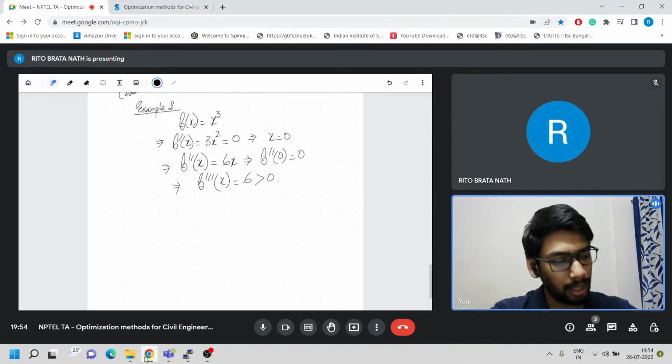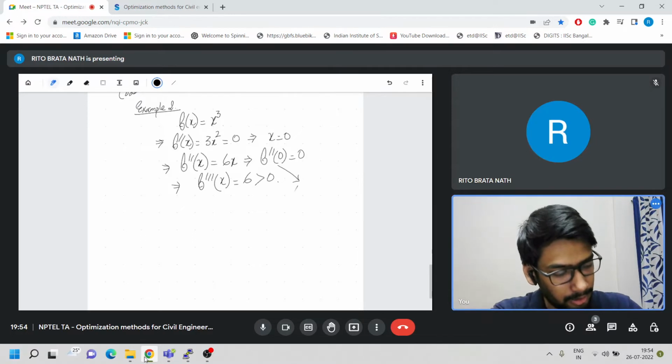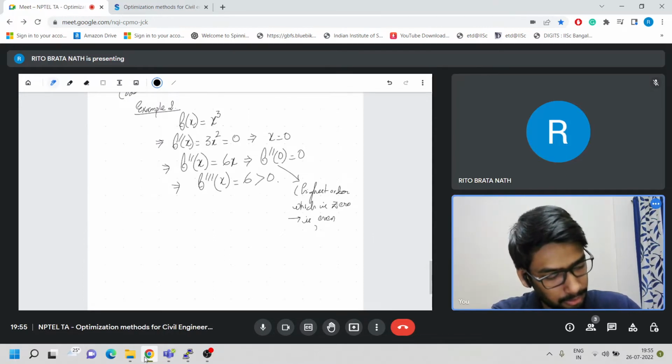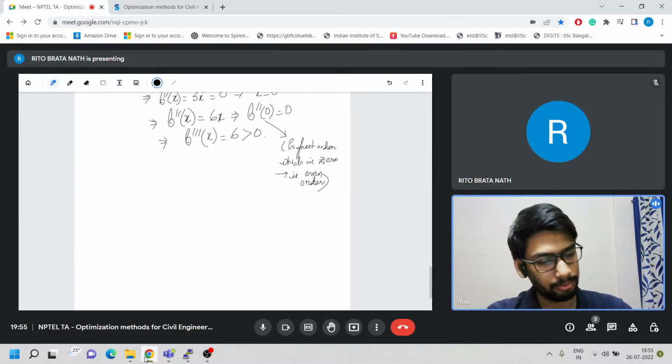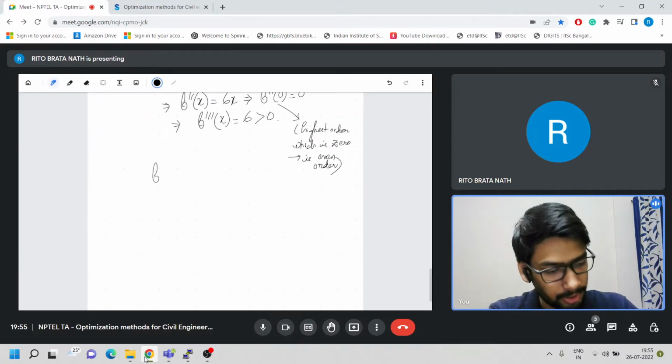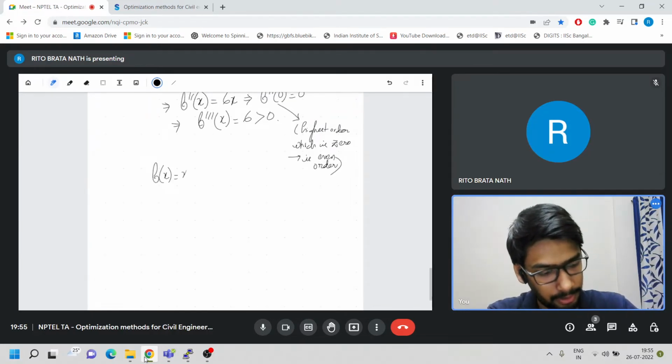Then you take the third derivative and it gives you a value of 6, which is greater than 0. But now the highest order derivative that is 0 is an even order. Now what can you do? Look at the function f(x) equals x cubed.